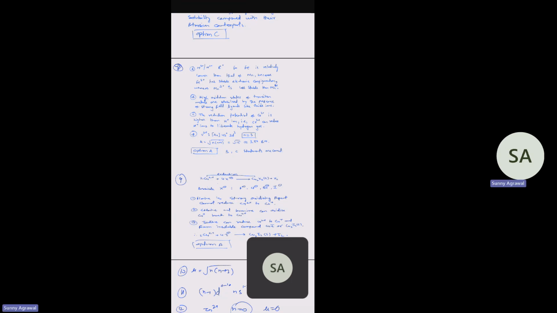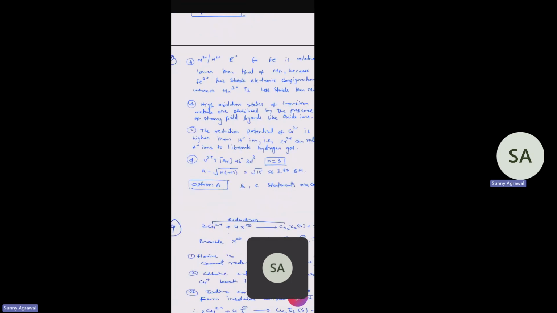The higher oxidation states of the first row of d-block elements get stabilized by the oxide ion. The oxide ion is a strong field ligand, so yes, it stabilizes the higher oxidation states of d-block elements.